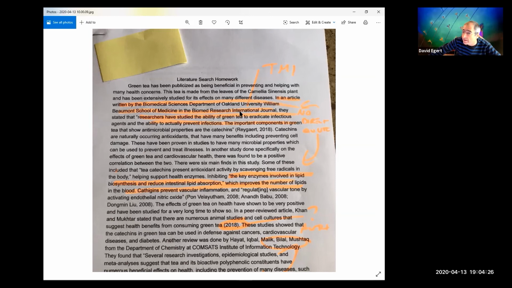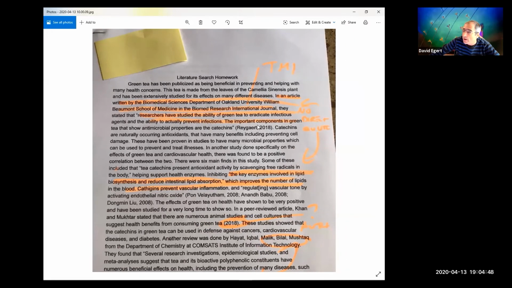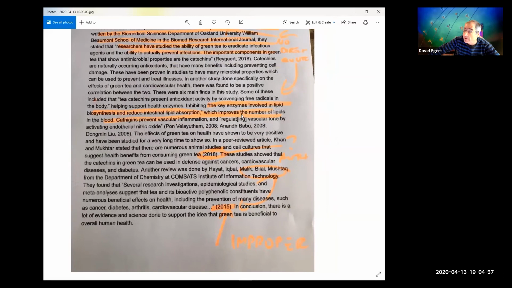What I care is, oh look, researchers have found green tea has the ability to eradicate infectious agents and actually prevent infections. Ragart 2018, that would be great. So just what is the core finding? Give me the reference so then I can get the details if I want. But I don't need all that other information. It messes with the flow.